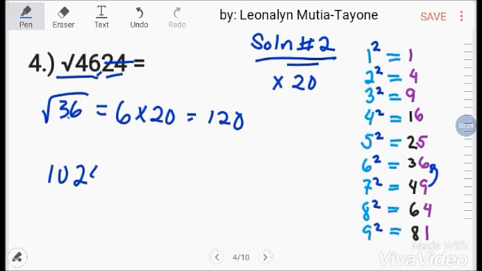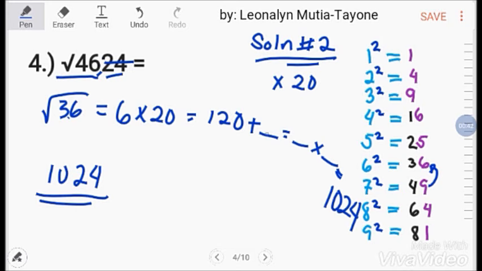Tapos kopyahin si 24. So, 1024 tayo dito. Mag-add tayo plus. Mag-multiply equals, dapat 1024 ang sagot. So, ito dapat pariho. 1024 divided by 120, that's around 8 something.